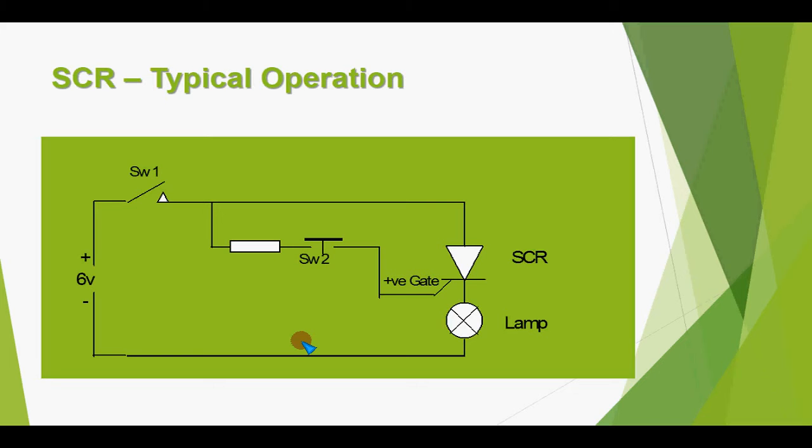This is the typical operation diagram of the SCR. Here you can see that by applying the current to the gate for even a few microseconds, it would start conduction, and it would continue in conduction mode.